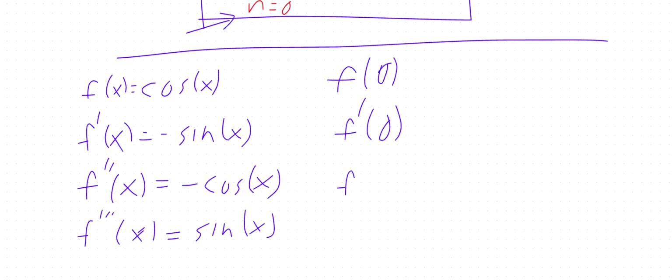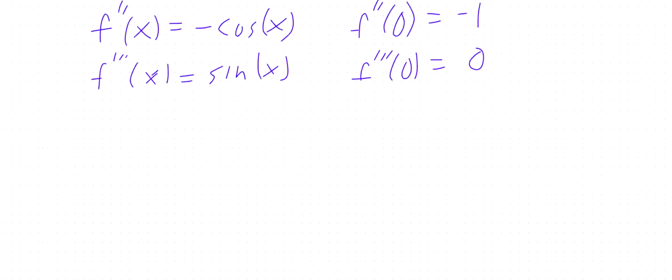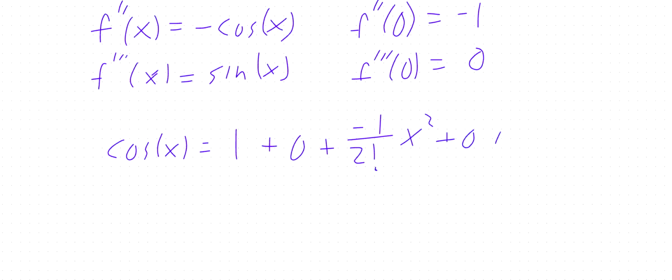And then plugging in 0 for our Maclaurin series, we get 1, 0, -1, 0. So now, unlike the last one where we were getting our odd numbers, here we're only getting the even numbers.